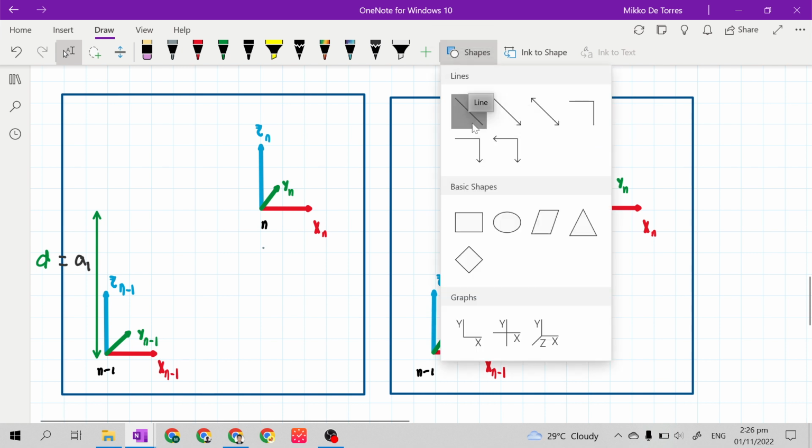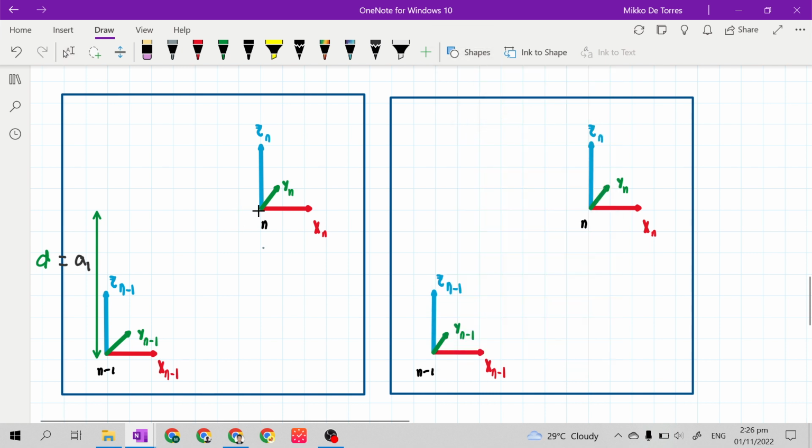So this is d because it is the distance of the two origins, but along the axis of z sub n minus 1.